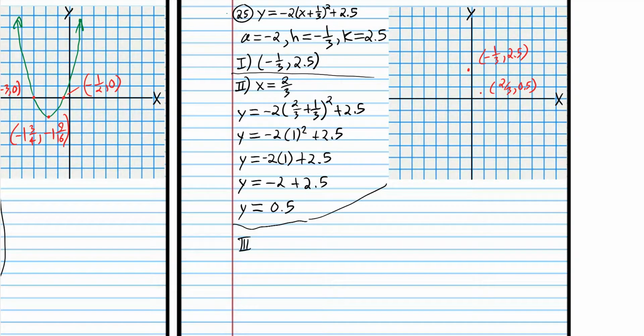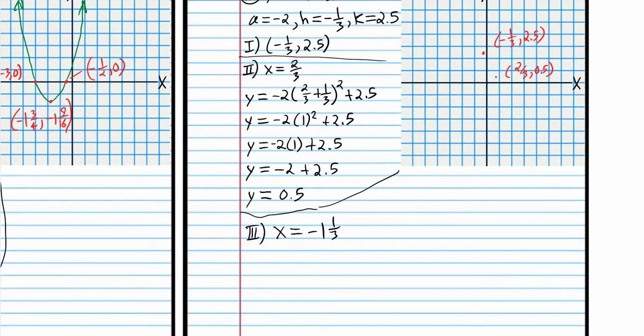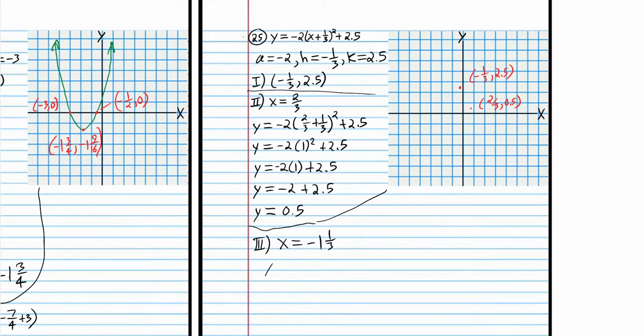So this is step 3. If x equals -1 and 1/3, then if we plug that in, we have y is equal to -2 times (-1 and 1/3 plus 1/3) squared plus 2.5.